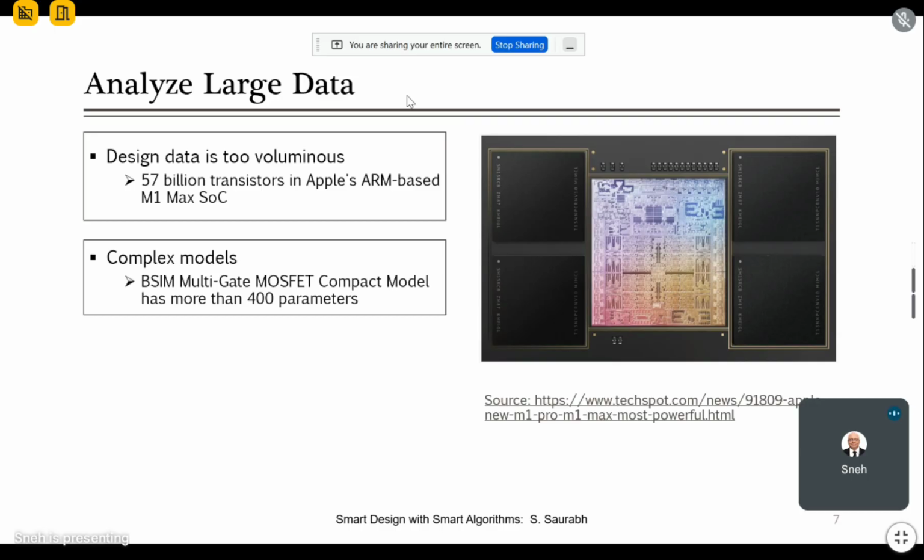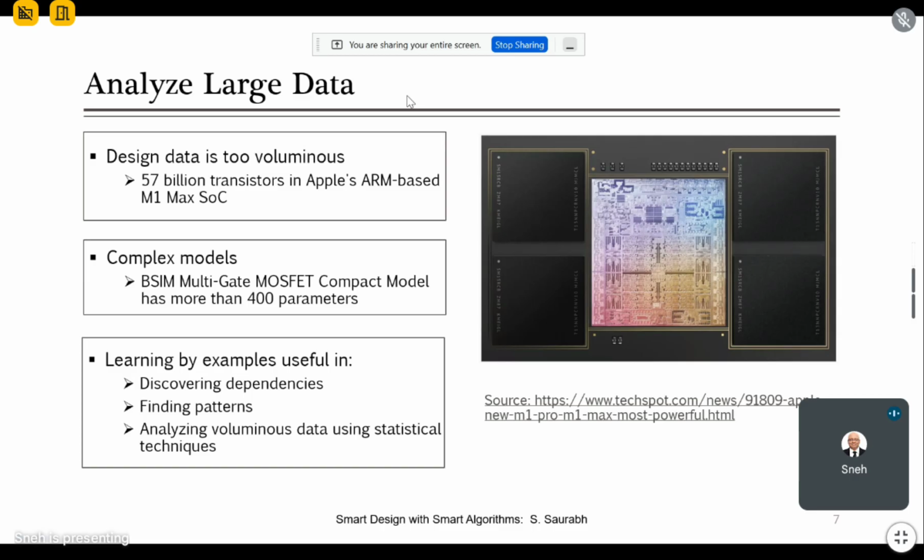Now, for this kind of big data handling, the ML techniques are very good, right? They can discover the dependencies, shapes and patterns very well, which is not very easy to do using deterministic techniques. So the large data can be handled well by ML technology, using statistical techniques and very powerful techniques.